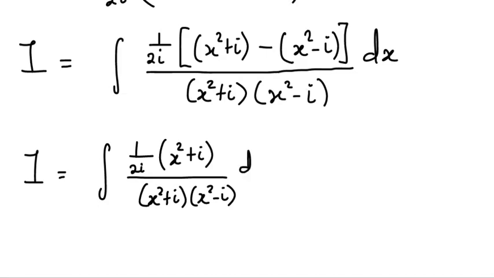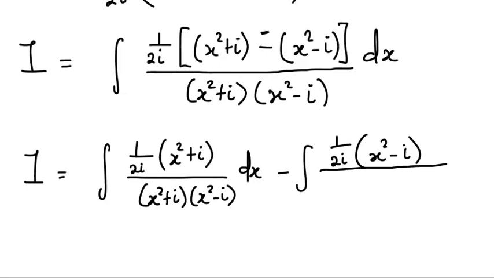And then we have to put our dx. Then remember there is a minus right over here. So it's going to be minus the integral. We're going to have again 1 divided by 2i multiplied by x squared minus i, then divided by the product x squared plus i multiplied by x squared minus i. And then we have our dx.